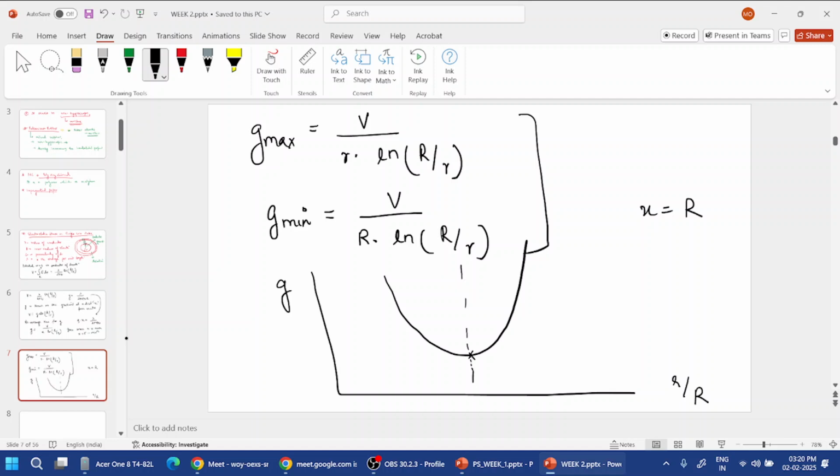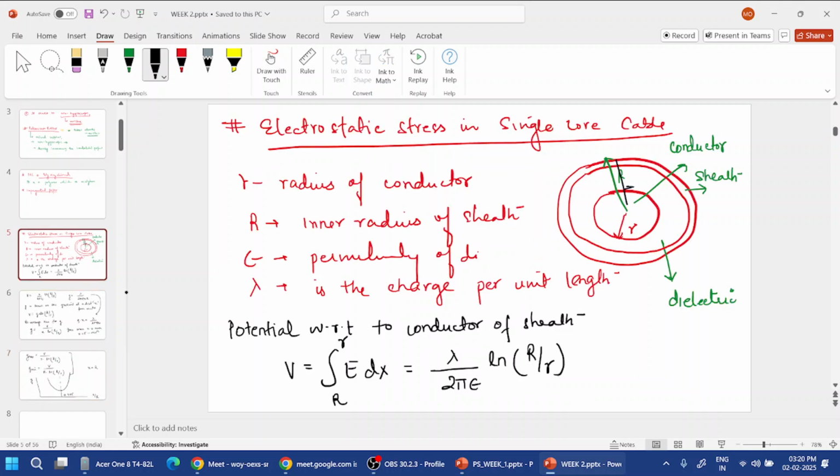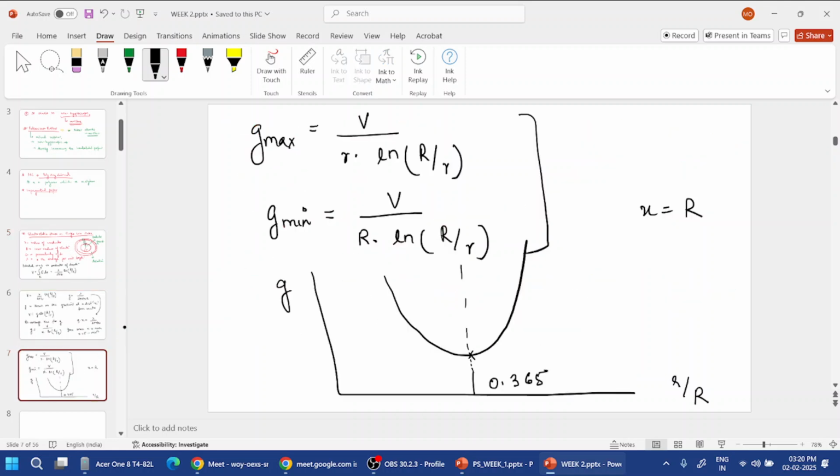And this point comes out to be 0.365. So this is all about the electrostatic stress, which is the gradient at a distance x.